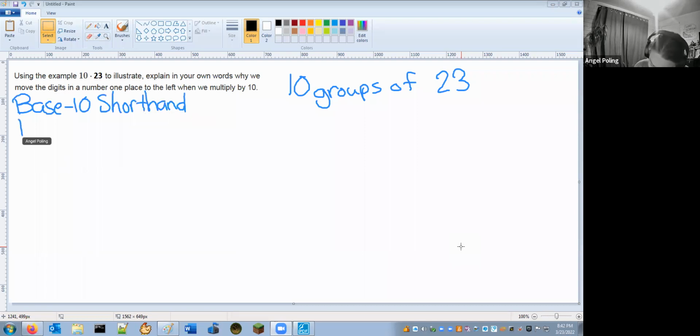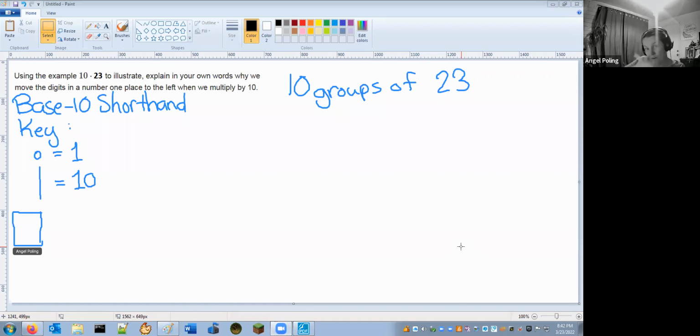And the key will be such that the unit is worth 1. The rod, which is 10 units, is worth 10. And then the flat, which is 10 rods, is equal to 100.